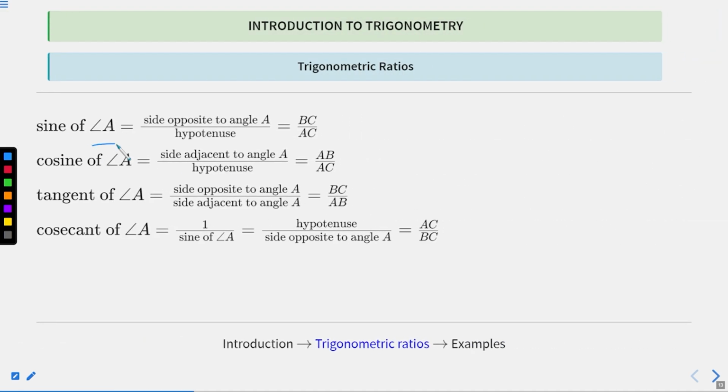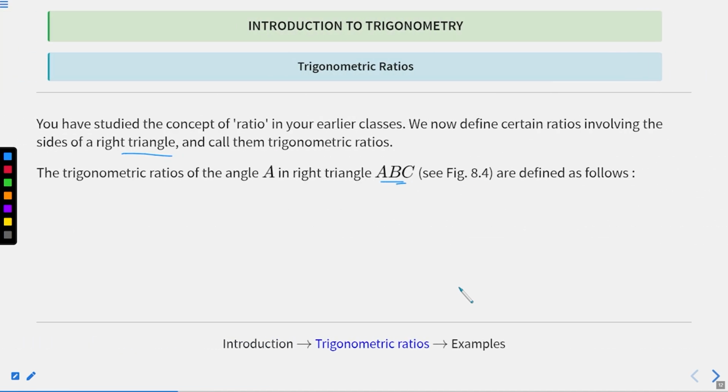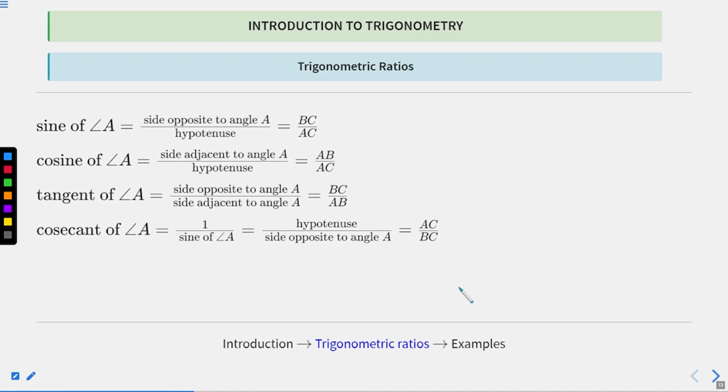Sine of angle A is equal to the side opposite to angle A divided by the hypotenuse, that is BC over AC.